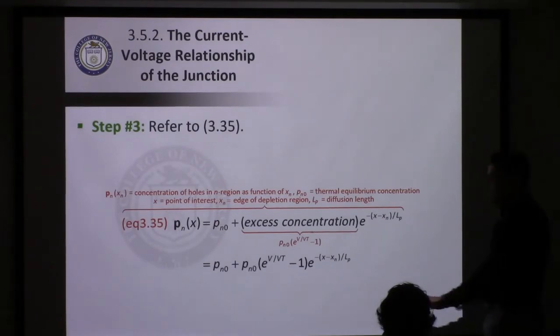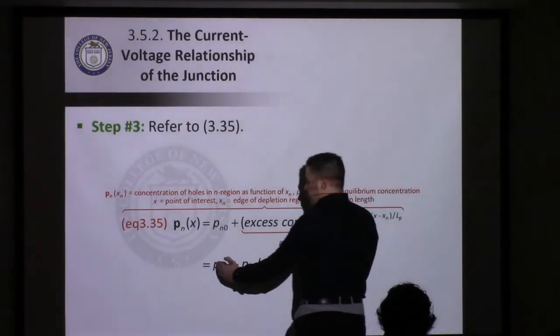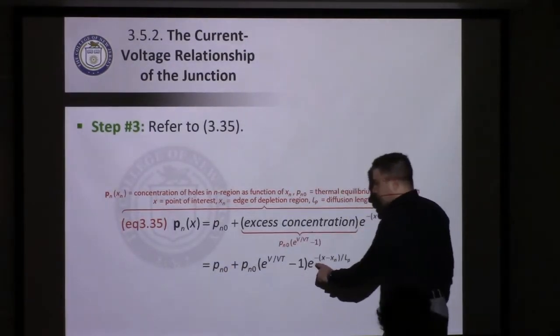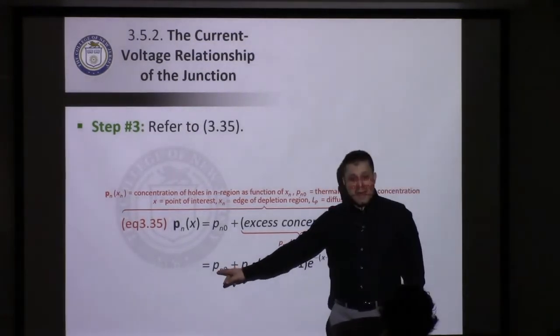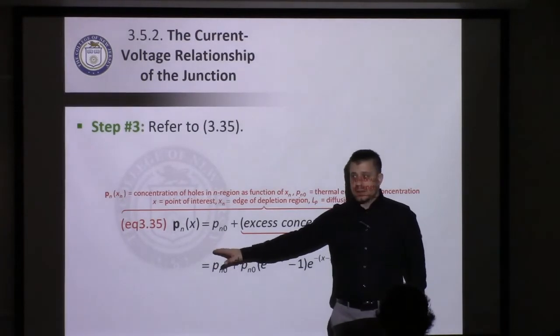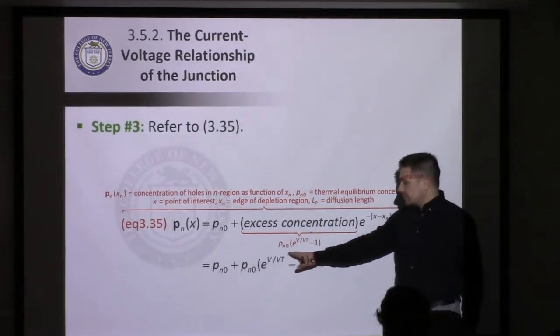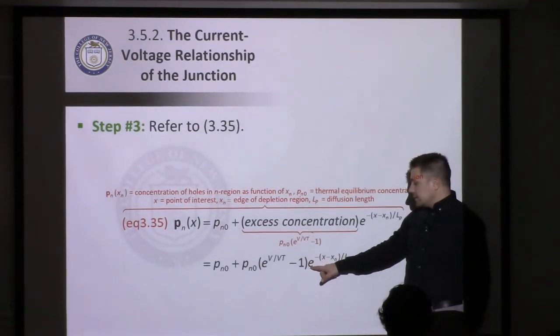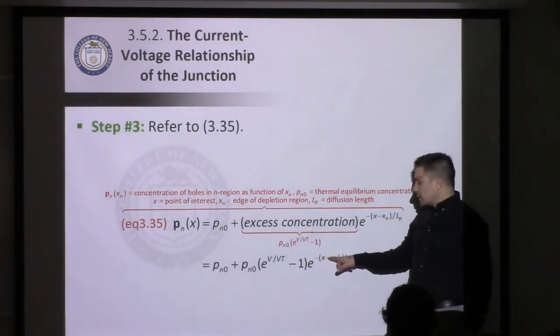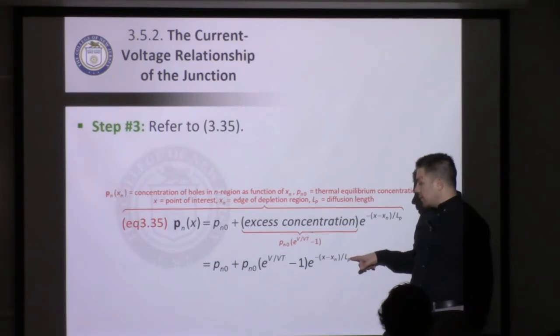So this is all the part from before. And then now what we're going to say is that the base part is not affected by x, right? The base is always the same. It's a rectangle. The excess is times e to the minus (x minus x sub n) over L sub p. All right?